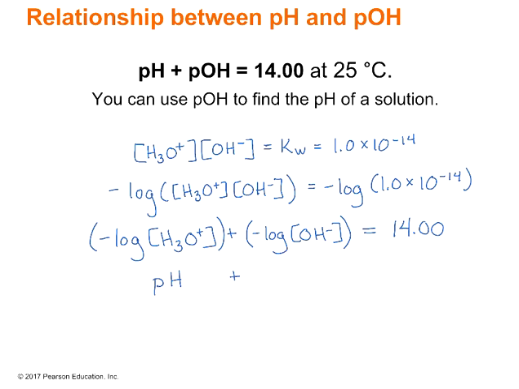And the negative log of the concentration of hydroxide ions is equal to pOH. So everything connects together now. We started with our ion product constant of water, and we ended up showing that if you add together the pH of a solution and the pOH of a solution, you always end up with a value of 14.